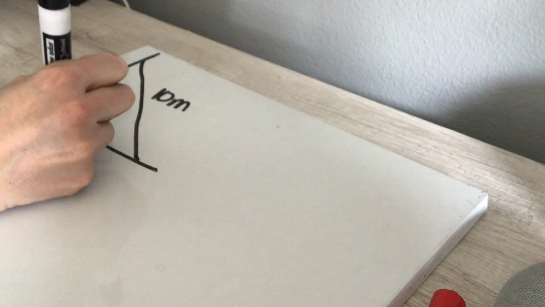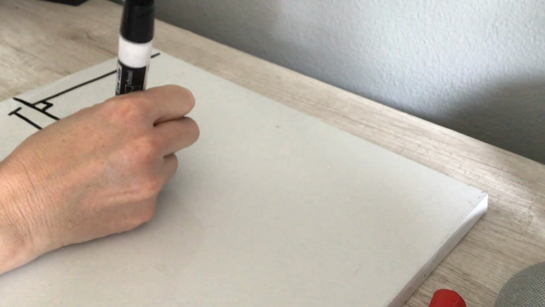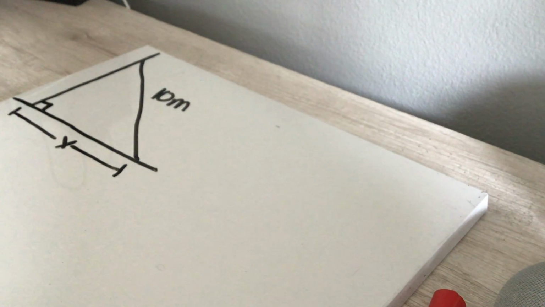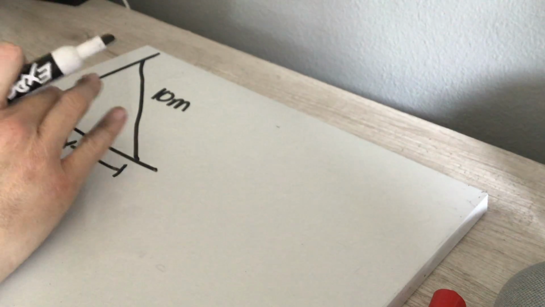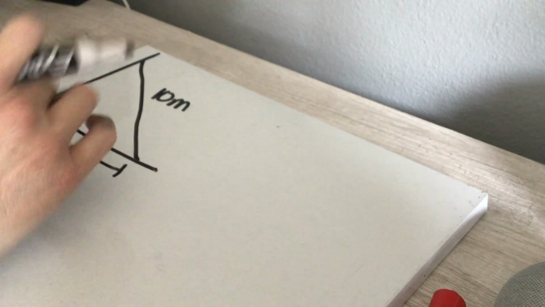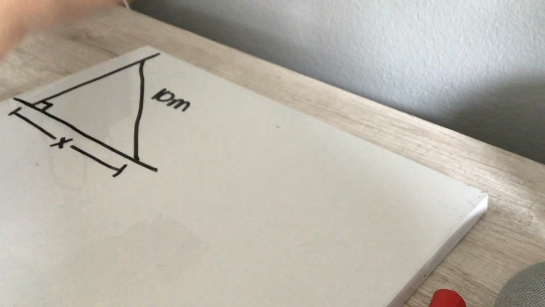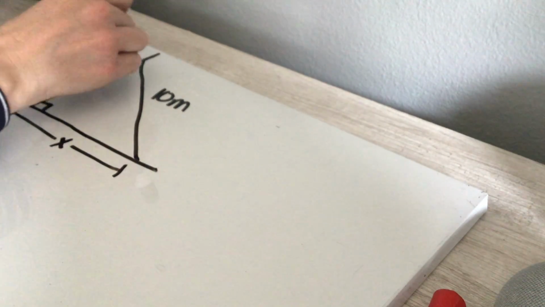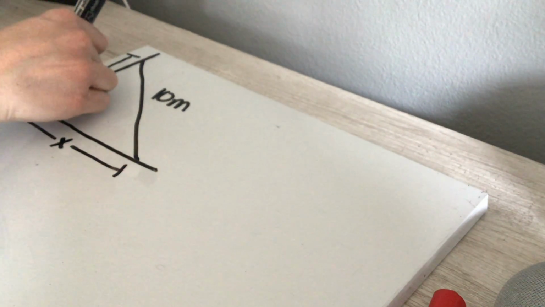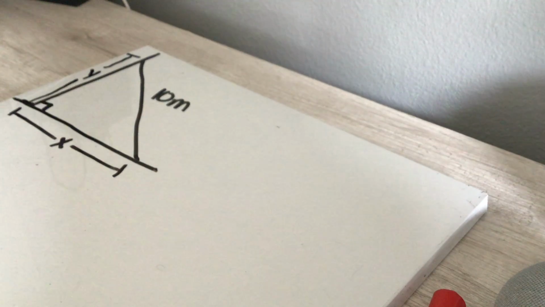The distance away from the wall is going to be x, because the base away from the wall is horizontal, and our horizontal axis is always x. That makes it easy. And then the height on the wall is going to be y, right? Again, same reasoning because it's vertical and the vertical axis is always y.